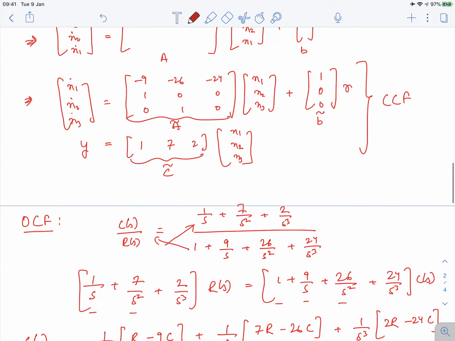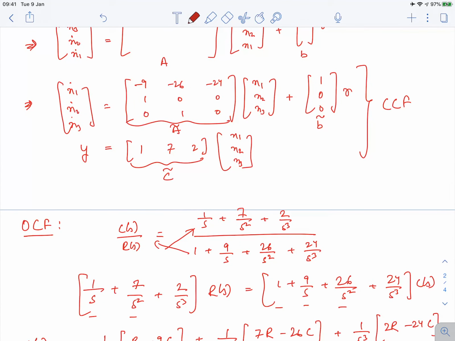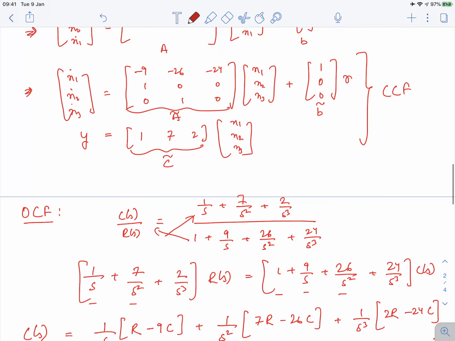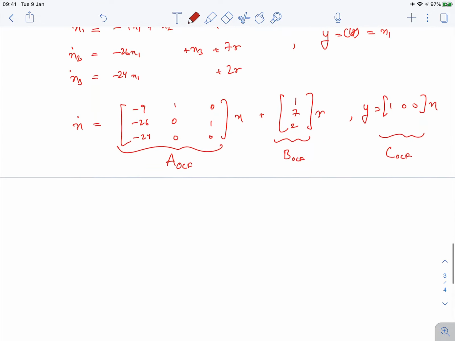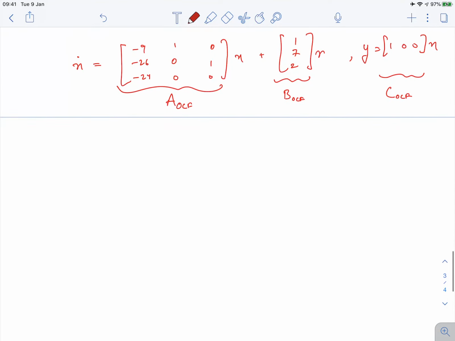Now if I see this A tilde, B tilde and C tilde for the controller canonical form, there is a relationship between these two sets of matrices, what we call the duality.